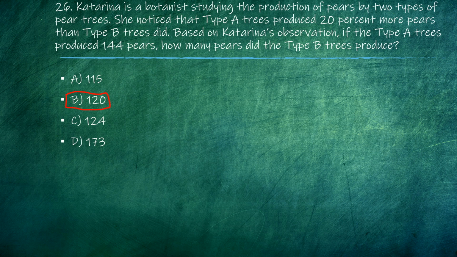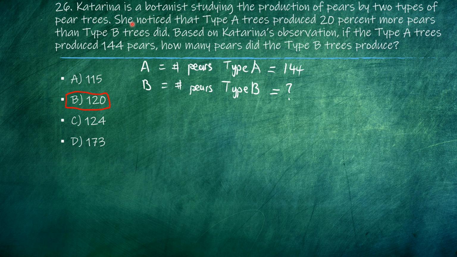To solve this problem, let's set our variable. Let A be the number of pears produced by the type A tree, and B is the number of pears produced by type B tree. And from the question, we know type A tree produced 144, and we want to find out how much the type B tree did.